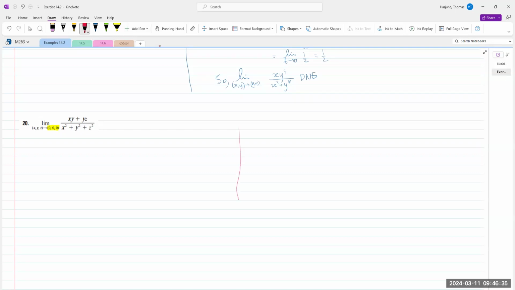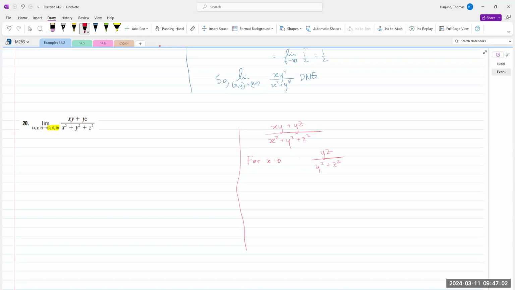So on the right hand side here, I will try to squeeze it: xy plus yz over x squared plus y squared plus z squared. Let's say x equals 0. For x equal to 0, we get yz over y squared plus z squared.